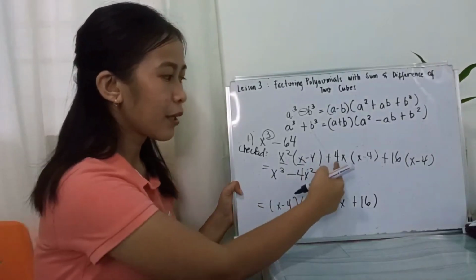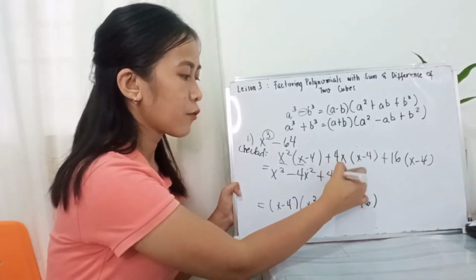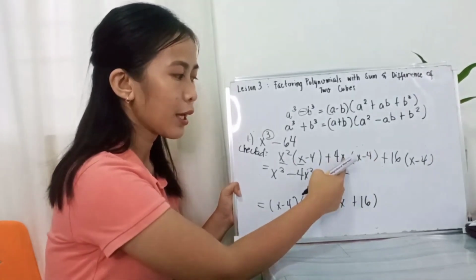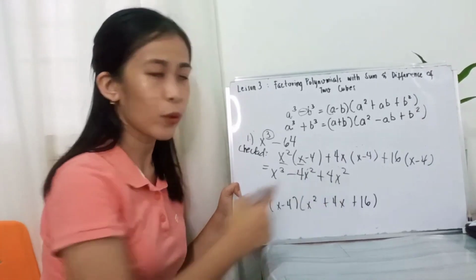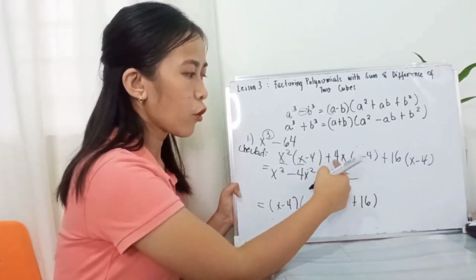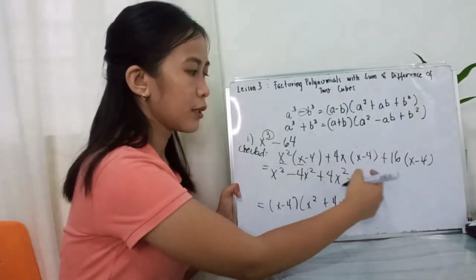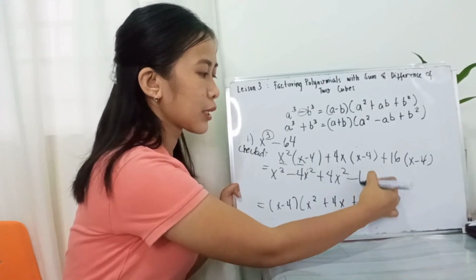Okay? And then, positive 4x times x, that is plus 4x squared kasi x times x is x squared. Dalawa yung magiging exponent. Minus 4x times negative 4 is, of course, negative 16x.